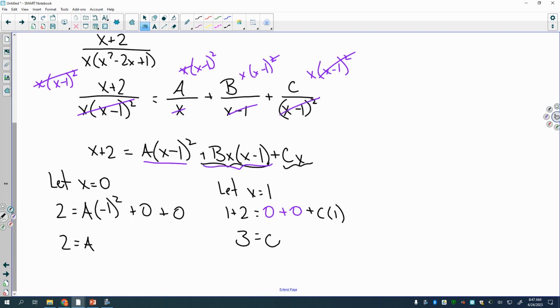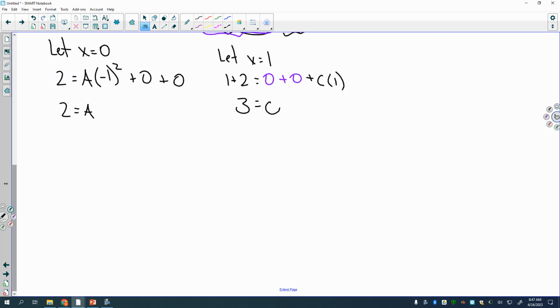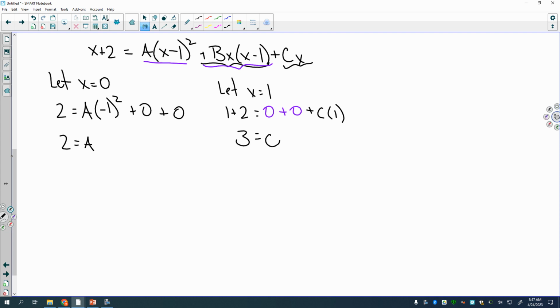And to find B, well, I'm just going to plug in what I know at the moment. So at the moment, I know that x plus 2 is equal to 2 times (x minus 1) squared plus Bx times (x minus 1) plus 3x.